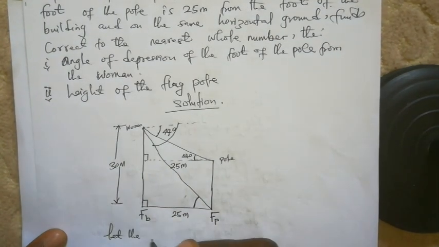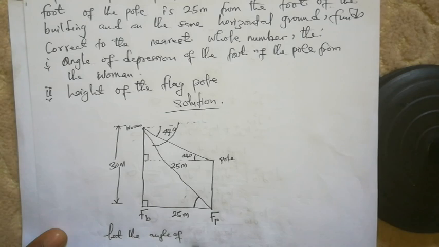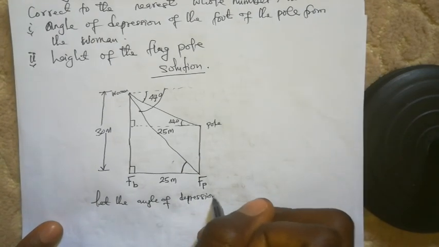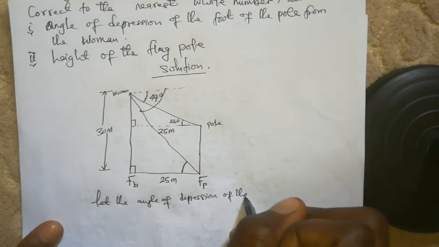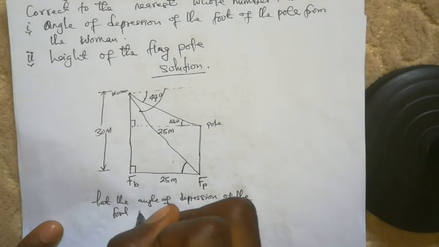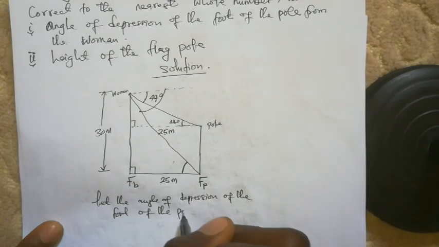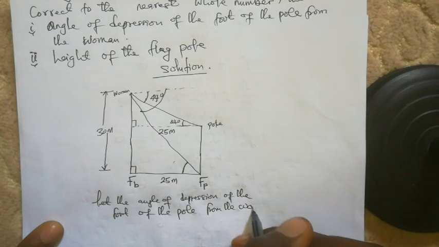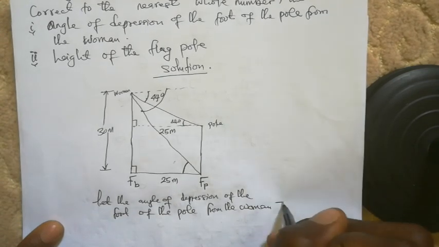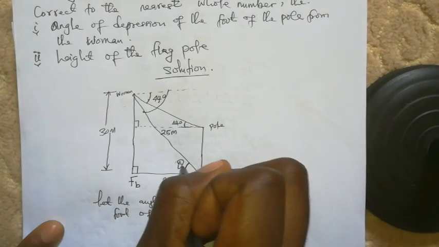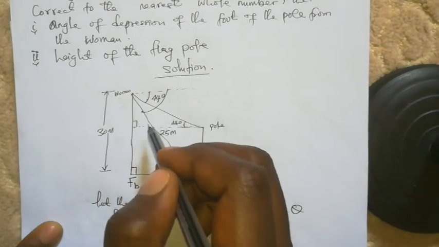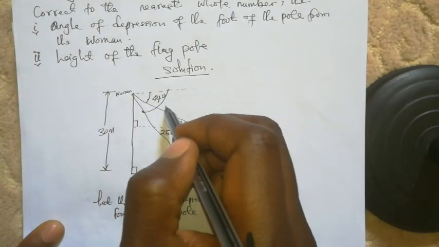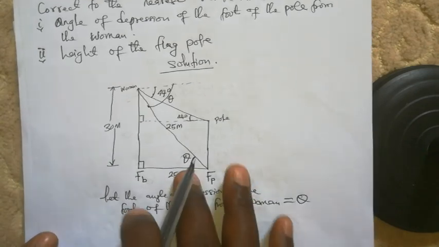Let the angle of depression of the foot of the pole from the woman be equal to theta. If this is theta, then definitely this angle and this angle are alternate angles, so this and this are equal.